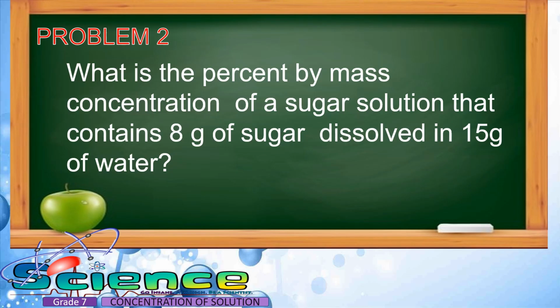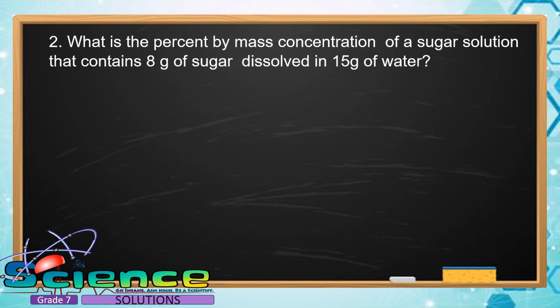Problem number 2. What is the percent by mass concentration of a sugar solution that contains 8 grams of sugar dissolved in 15 grams of water? Before we try to solve the problem, let us identify first what are given, what is being asked or required, and what formula we are going to use.